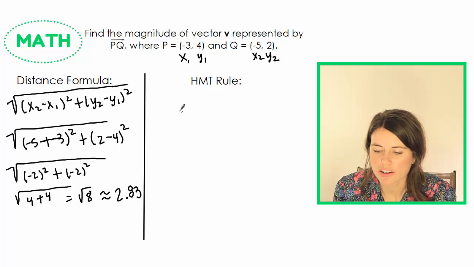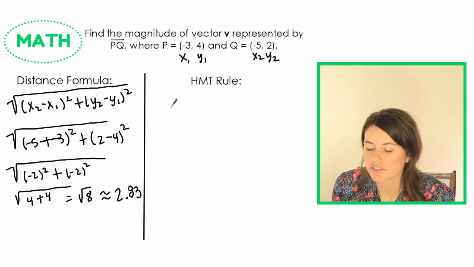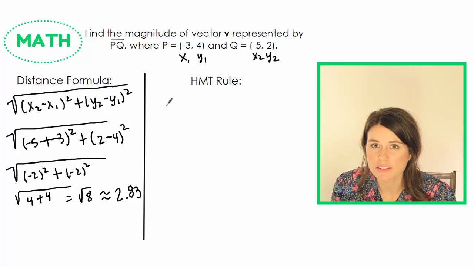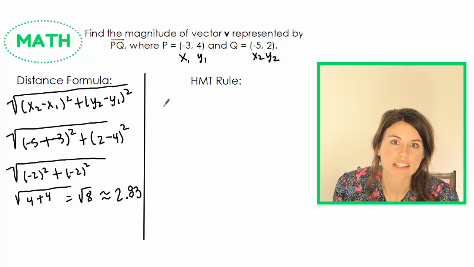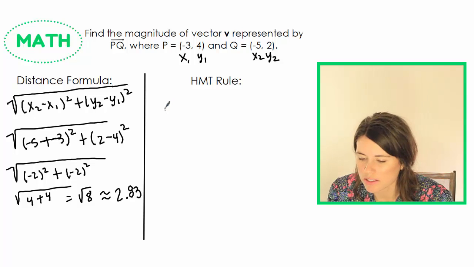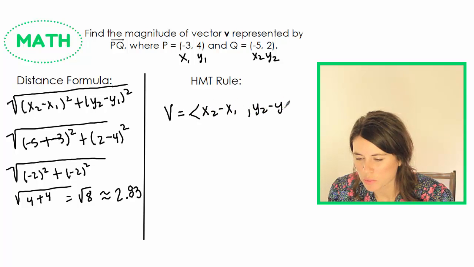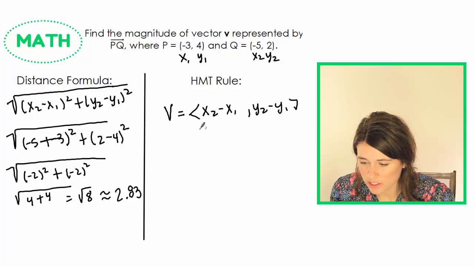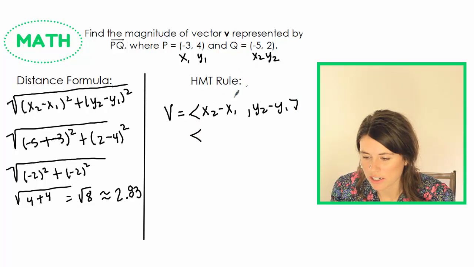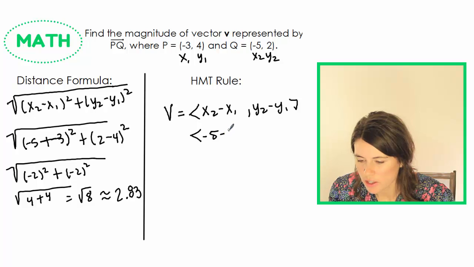Now this one right here, this is if you've already found your vector v. It's really this exact same formula. It's just doing it in 2 steps instead of 1 step. So remember, to find your vector, you use this formula, the x2 minus x1, y2 minus y1. So first we're going to do that and find what the vector is. So -5 minus -3, my y2, 2 minus 4.